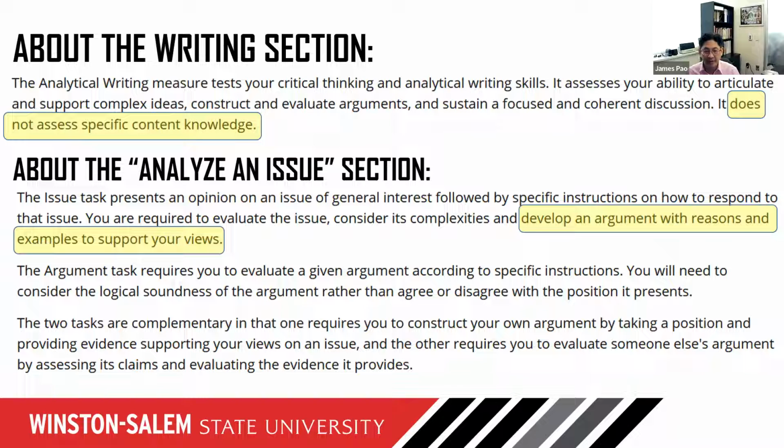All right, the second paragraph talks about the argument, which is the other one I'm going to do later. So we'll jump to the third or final paragraph, and it talks about how both of them really are complementary, because what you're trying to do is take a position and then provide supporting evidence. Let me show you how this works.